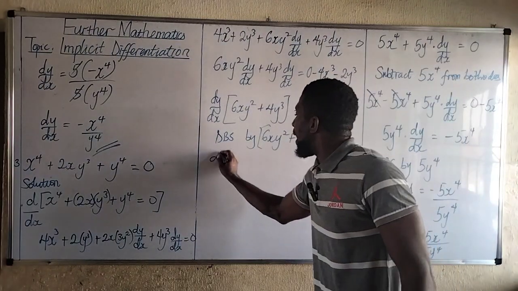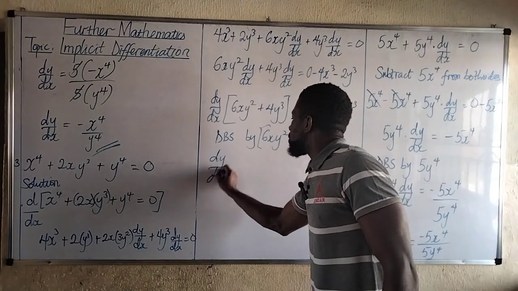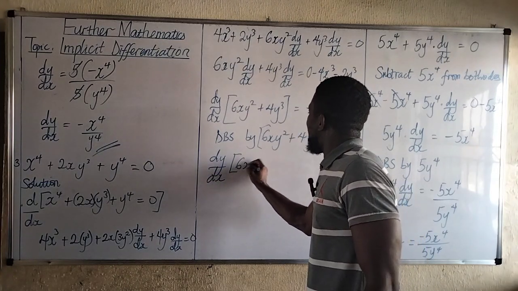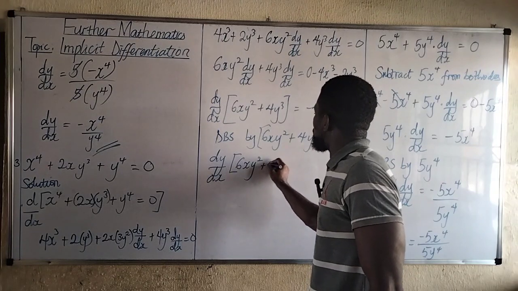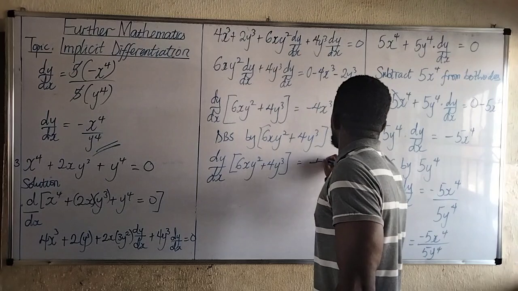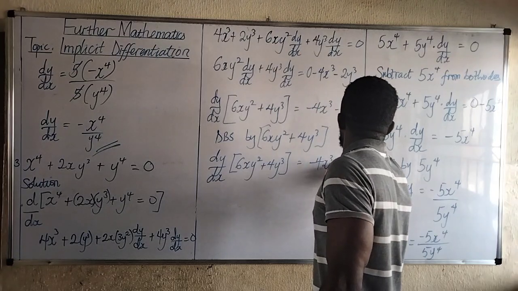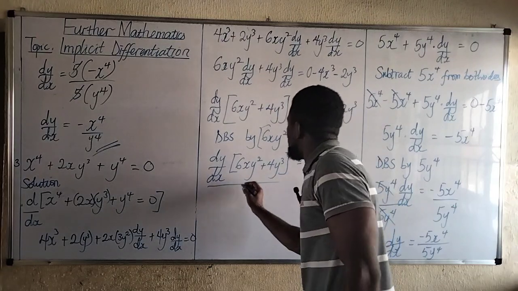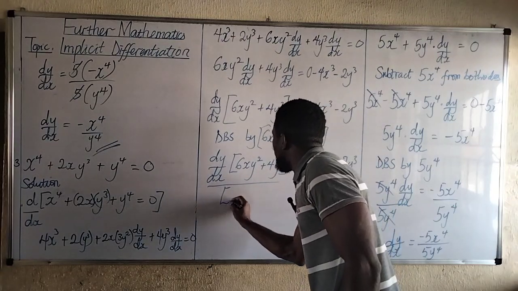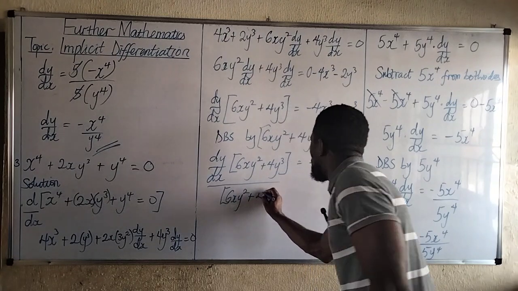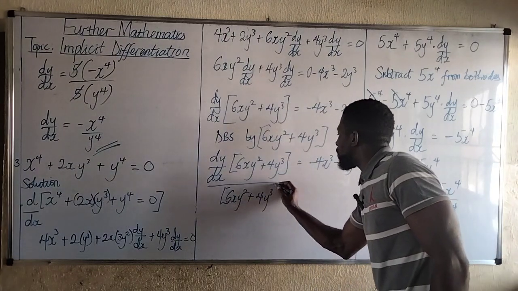So our dy with respect to x of 6xy squared plus 4y cubed equal to negative 4x cubed negative 2y cubed is being divided by 6xy squared plus 4y cubed.